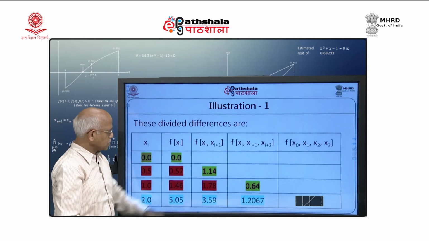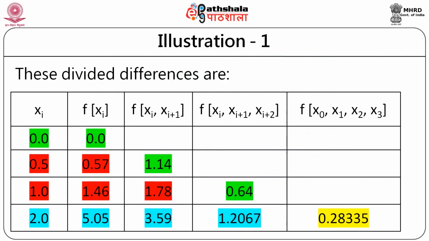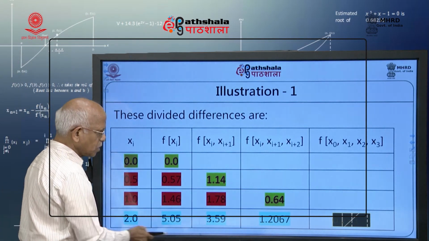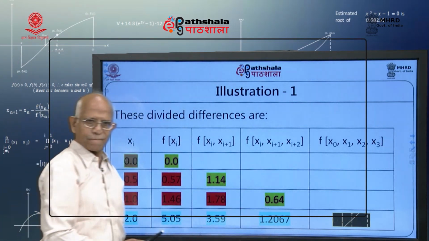So, that is your second divided difference. The third one will be given by this; again I have to take the difference of this and this value, so this will be 1.5, and I multiply the difference by 1.5 and I will get this.